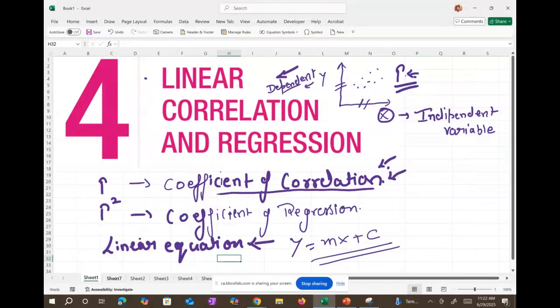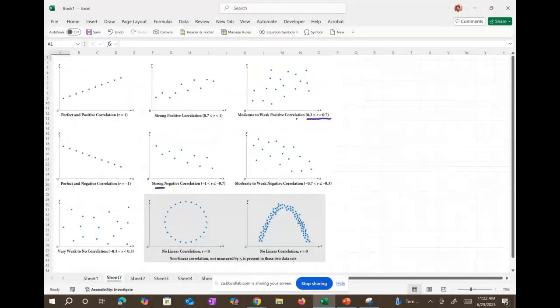Now let's look into this slide. Down here, if the R value comes out to be positive, now, I haven't taught you how to find the R value. We will talk about it later on. First of all, let's look into the meaning of it.